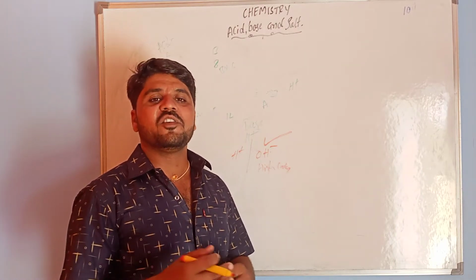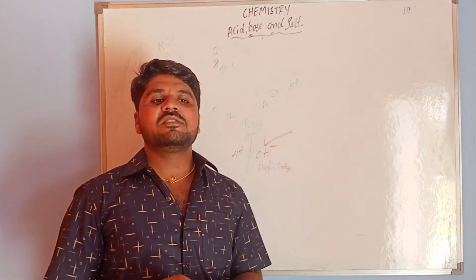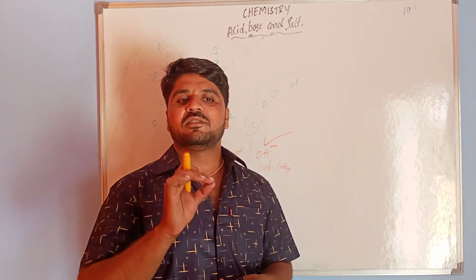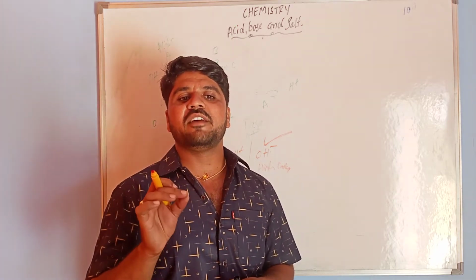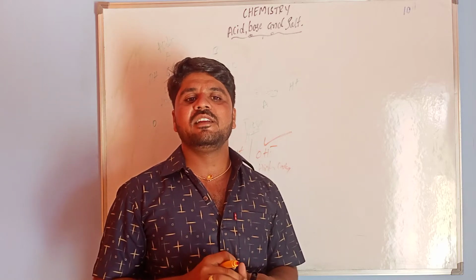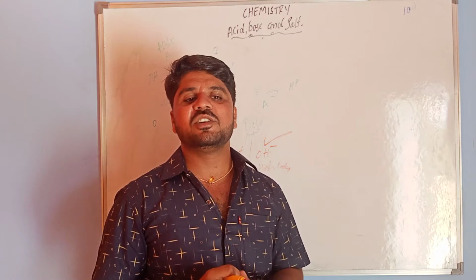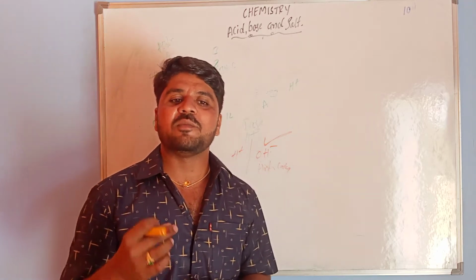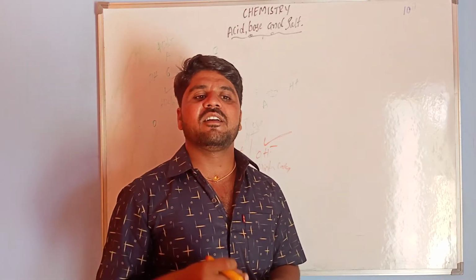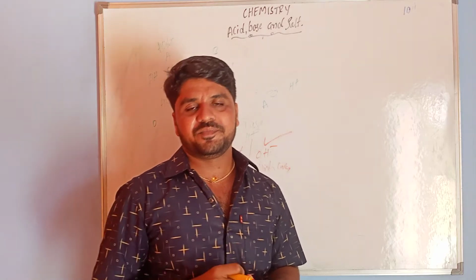Now the fourth question: under what soil condition do you think a farmer would treat the soil of his fields with quick lime, that is calcium oxide, slaked lime, that is calcium hydroxide, or chalk?